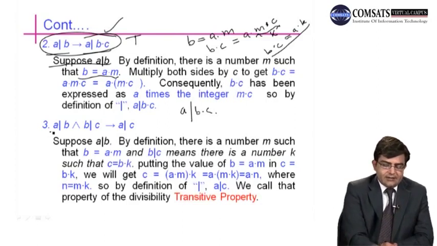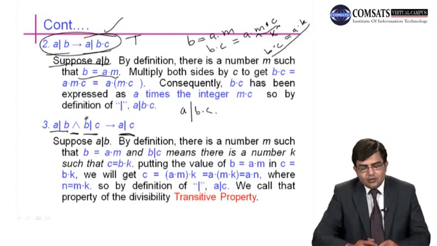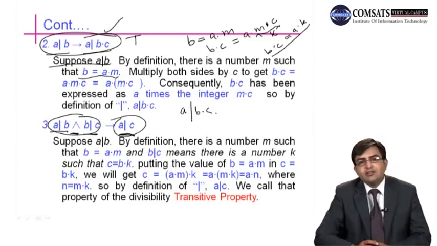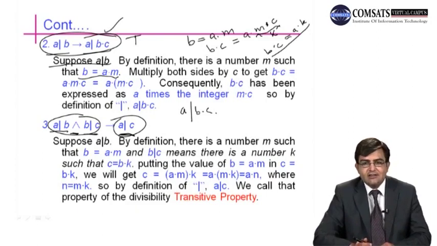The third is A divides B, and we have conjunction here, B divides C. This implies A divides C. So here we have this as the hypothesis and this as the conclusion. We suppose that the hypothesis is true, meaning A divides B and B divides C. Then we have to prove that A divides C.